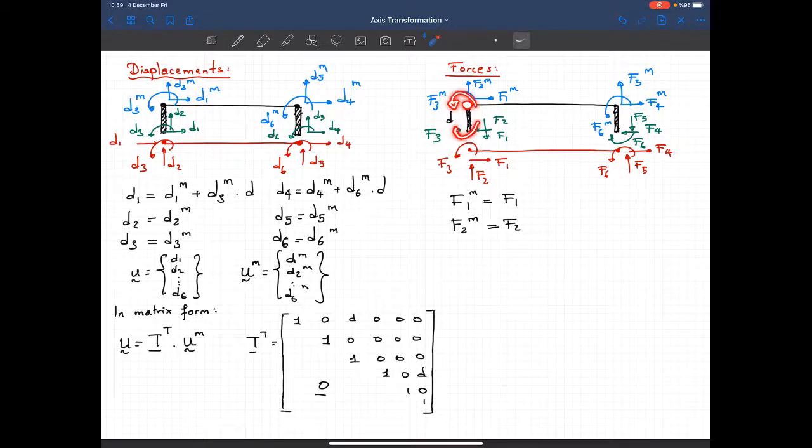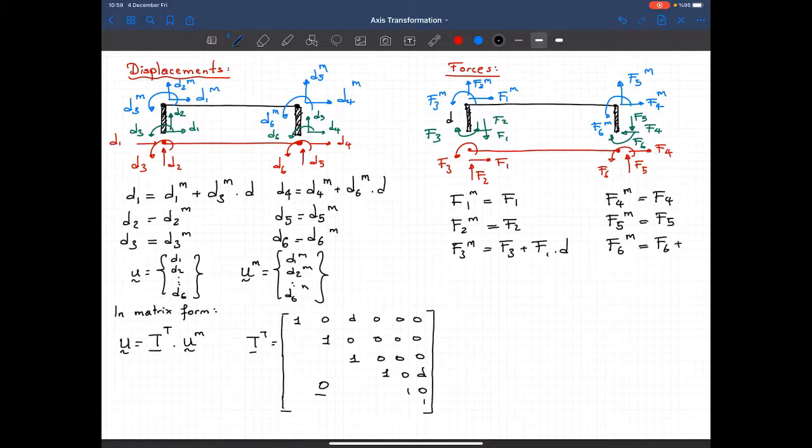F3M will be equal to F3 plus F1 times D. Now I go to the other node, repeat the same procedure. So F4M is equal to F4, F5M is equal to F5, F6M is equal to F6 plus F4 times D.